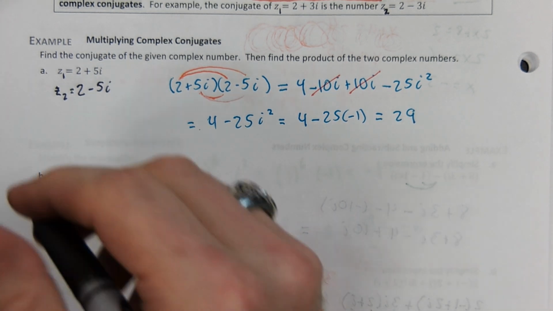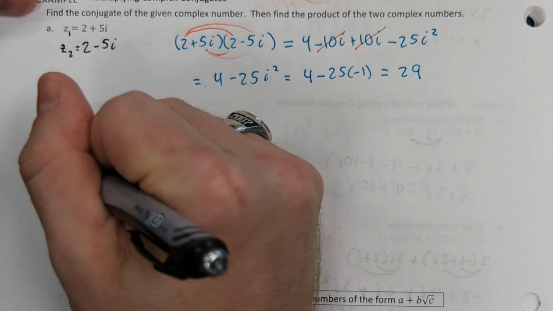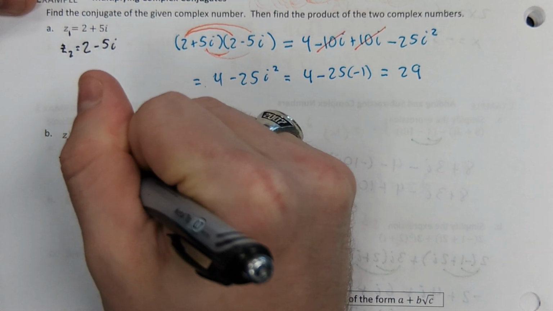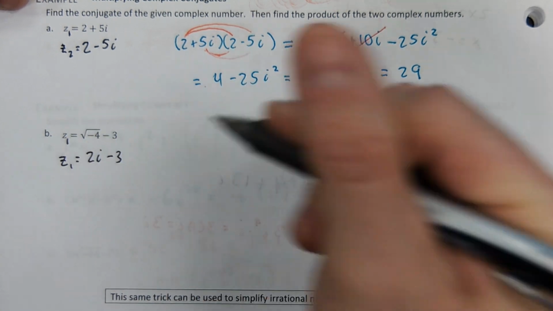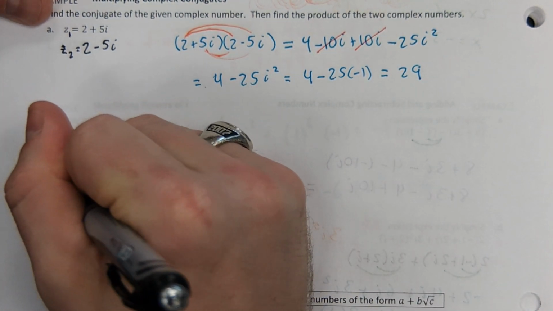Our new z1 is not in standard form. So we cannot find its complex conjugate until we get it into standard form. First, the square root of negative 4 is 2i. This is still not in standard form. a plus bi is standard form, meaning the i has to come last. So 2i can't be in the front of this thing. 2i needs to be in the back.